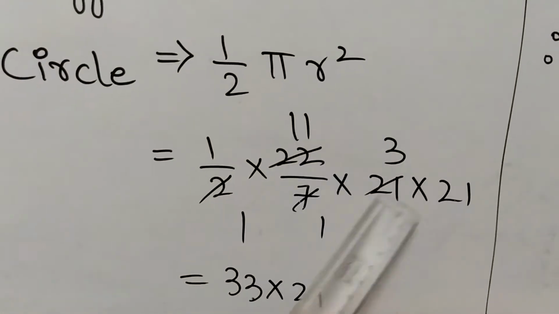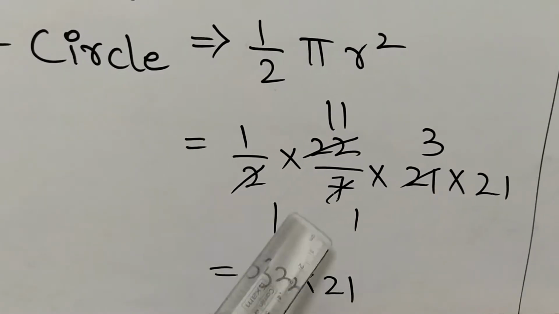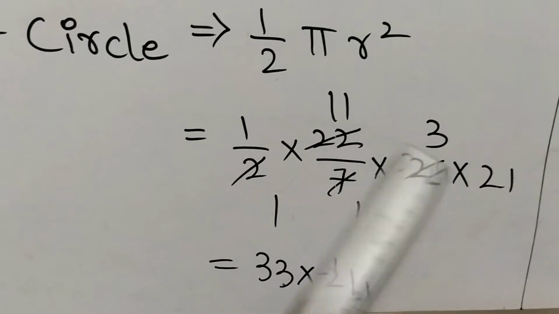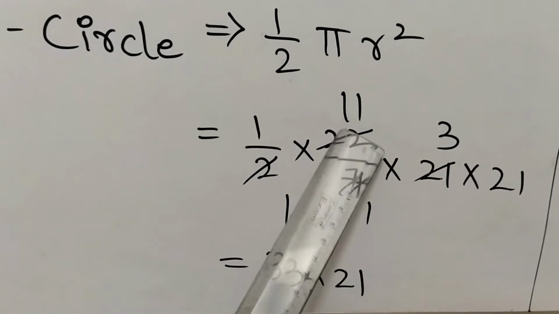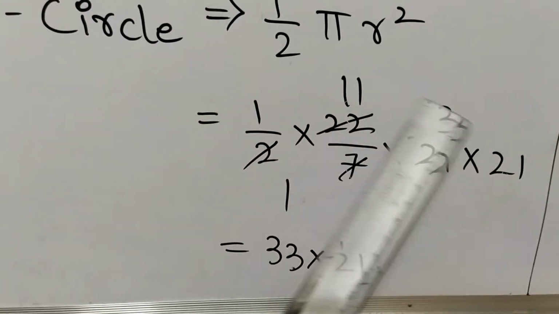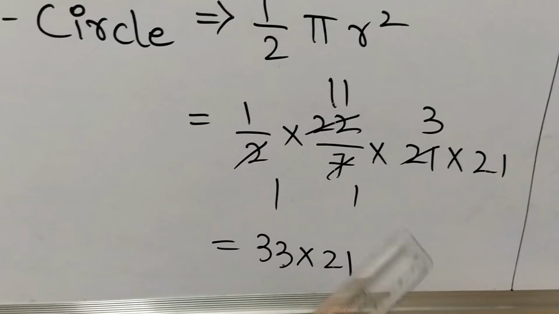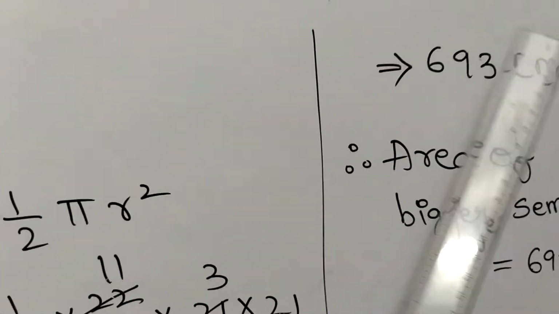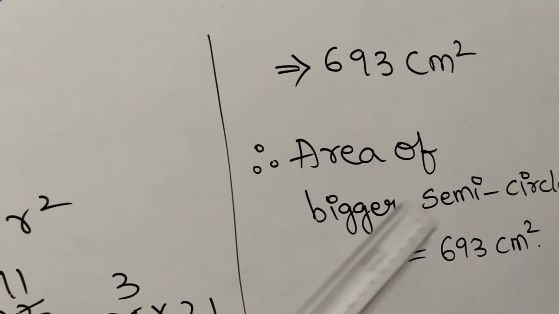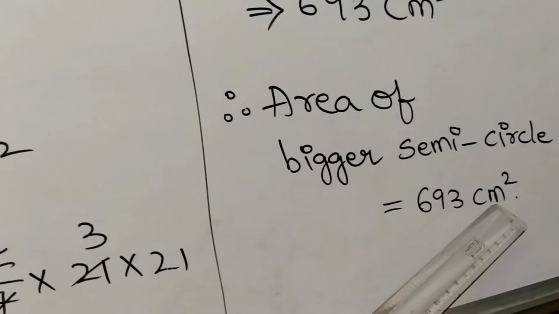First I am doing cancellations: 2 ones are 2, 11s are 22, and 7 threes are 21. What remains is 11 into 3 into 21. So 11 threes are 33, into 21. If you multiply 33 into 21, you will get 693 centimeter square. Therefore the area of the bigger semicircle is 693 centimeter square.